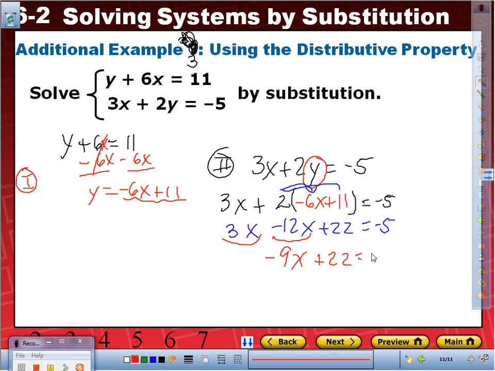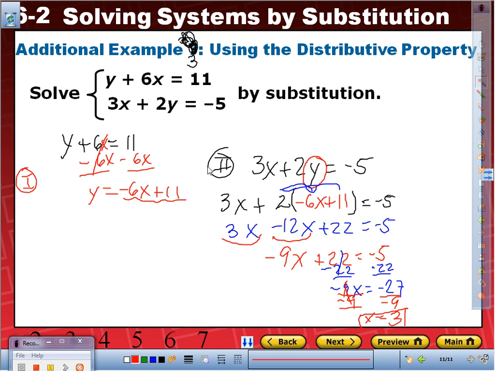Bring down the plus 22 equals negative 5. From there, we subtract 22 from each side. We're left with negative 9x equals negative 27. And at the end, we divide by negative 9. x equals 3.